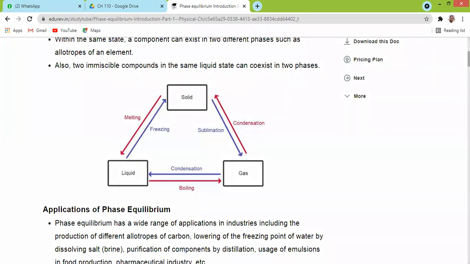So if you vaporize 2 moles of the liquid, it will consume a certain energy. If you condense 2 moles of the same from a gas to a liquid, it will give out the same amount of energy as it acquired when it was vaporizing.